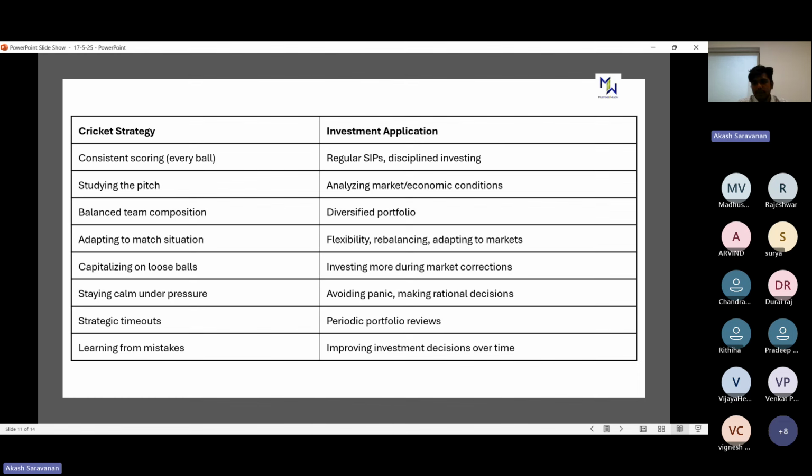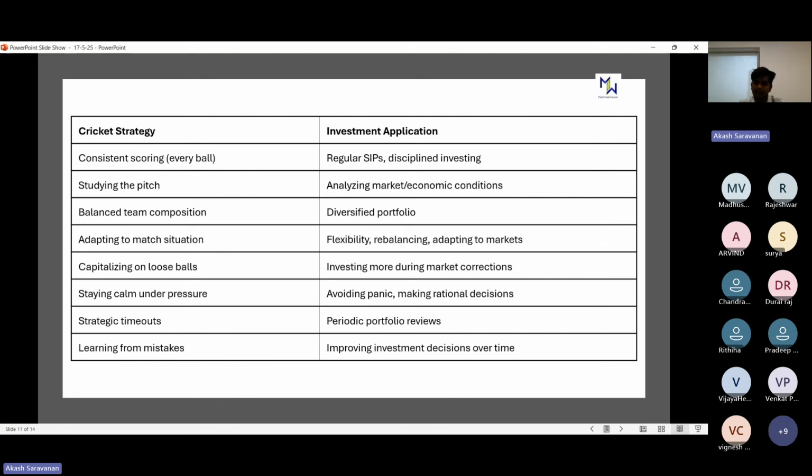And you need to do a thorough analysis in a timely manner, so that you stay updated on what's happening, and you make the necessary changes required according to the market condition.